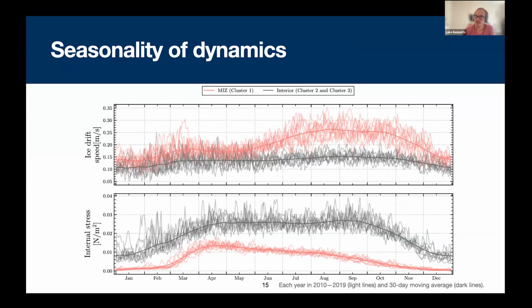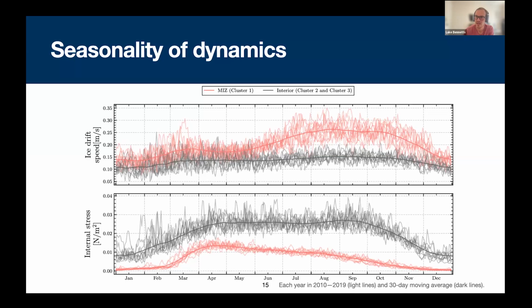Now, in terms of the ice drift, this is what you saw a couple of slides ago. What was known is that the drift speeds are highly correlated to wind speeds, and part of this difference is coming from higher wind speeds where the marginal ice zone is.